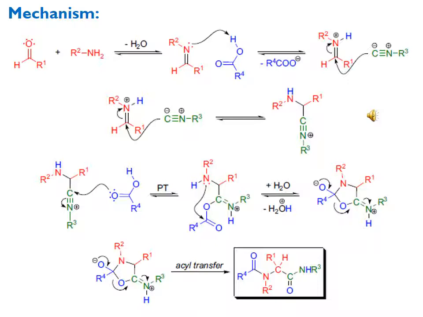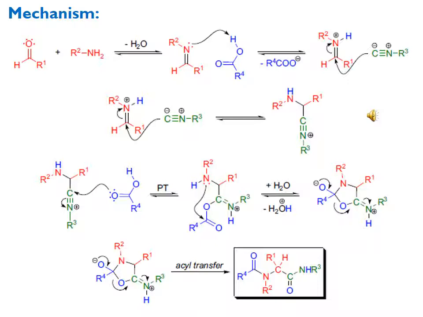It interacts as a nucleophile through its carbonyl oxygen and attacks on the carbon of isocyanide moiety, and we get the final addition product, with which after the cyclization, that is the lone pair of amine acting as a nucleophile attacks on the carbonyl of this acid functionality, and we get a 5-membered cyclic ring.